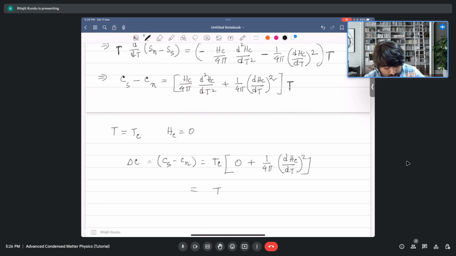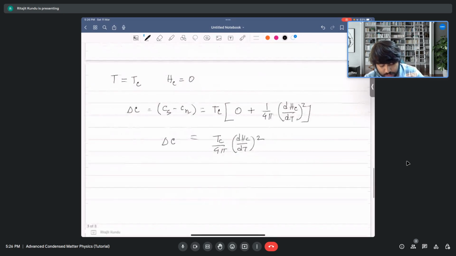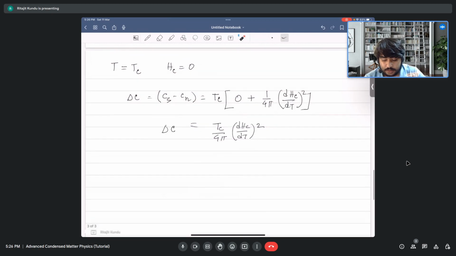So this is just Tc by 4 pi times (dHc/dT) whole square. This is the difference of heat capacity between the normal and superconducting phase. Any questions?